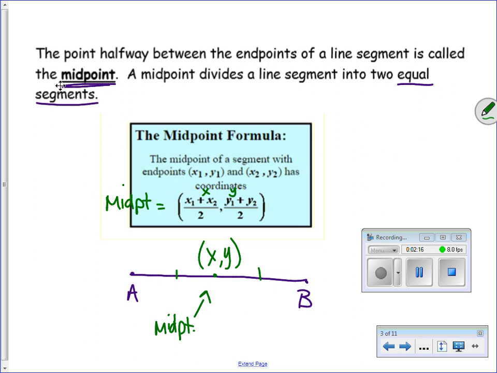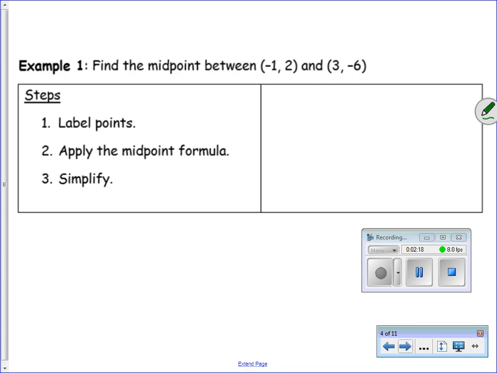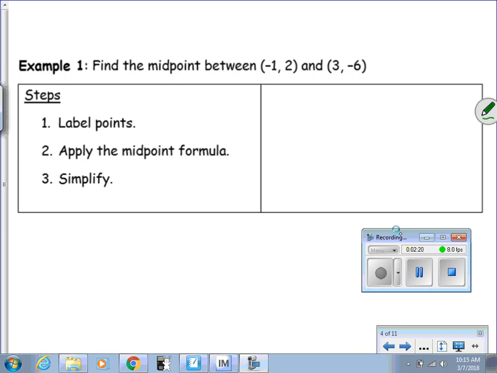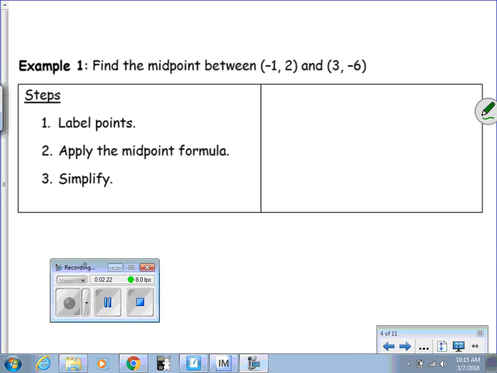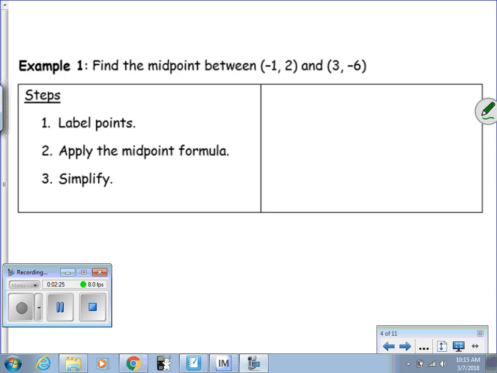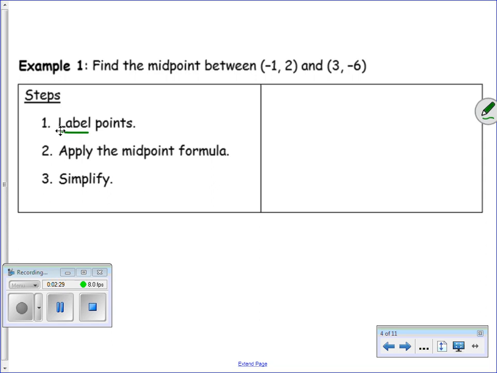Let's look at our first example. If we look at example 1, they say find the midpoint between the 2 given points. The first step is to label the points. So I know that this is X sub 1, Y sub 1 because it's the first point. Here's my X sub 2, Y sub 2.